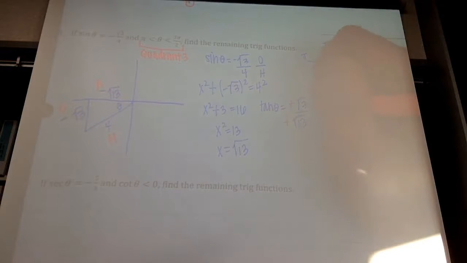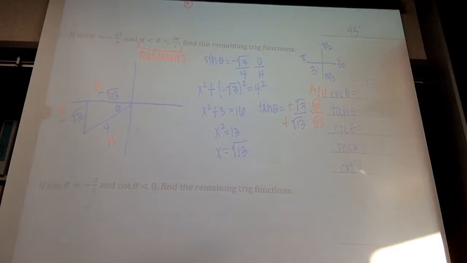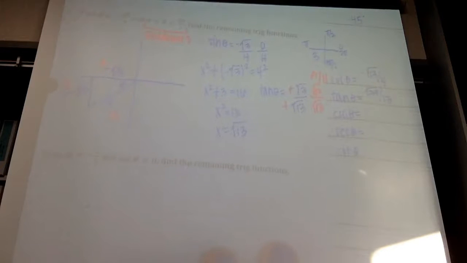So we're going to multiply the top by rad 13 and then the bottom also by rad 13. Because both of these are inside a square root, we can actually multiply them together. So rad 3 times rad 13 gets me rad 39, and then rad 13 times rad 13 becomes just regular 13. So tangent would be rad 39 over 13.